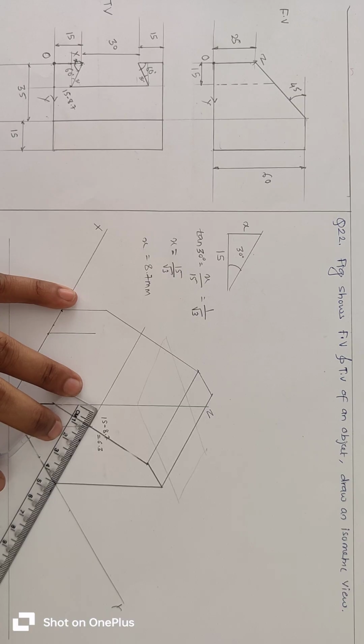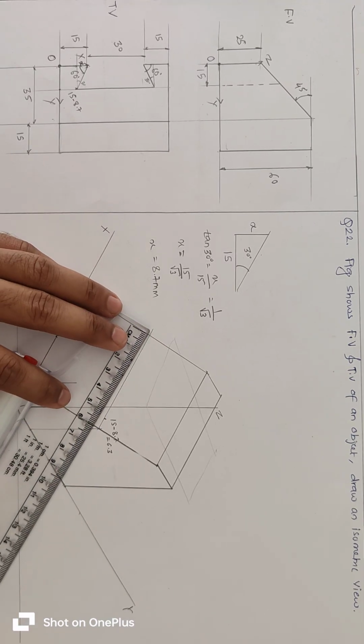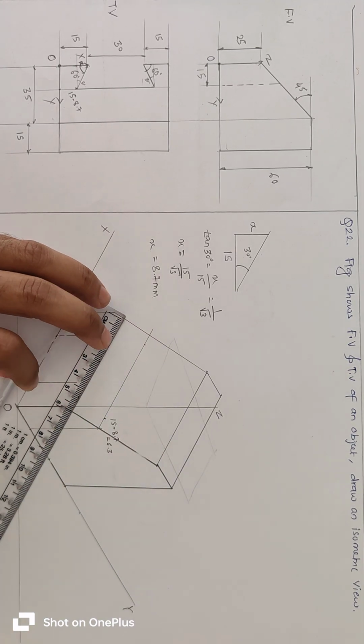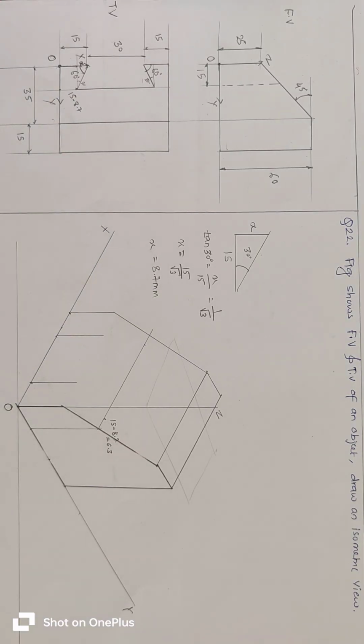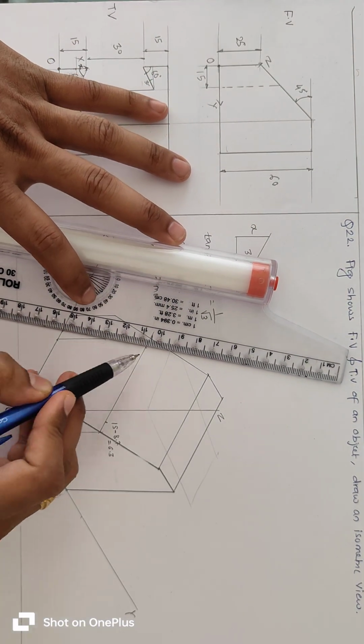So mark 6 mm from this end on this line, and also from this end on this line, and then connect this point with this point.